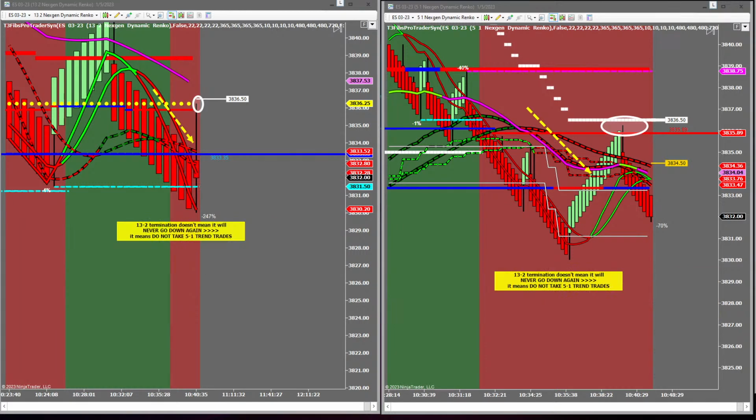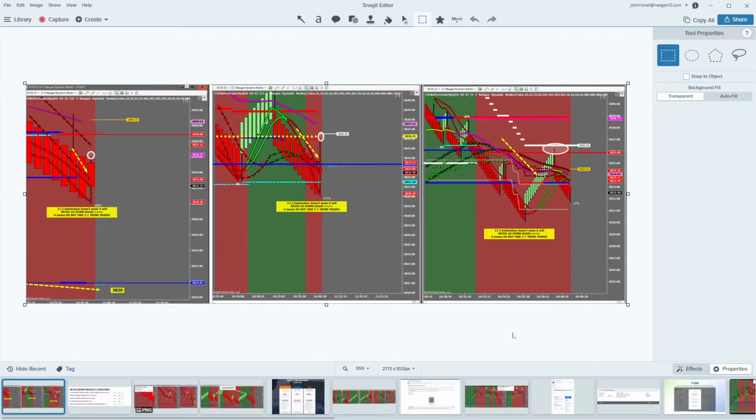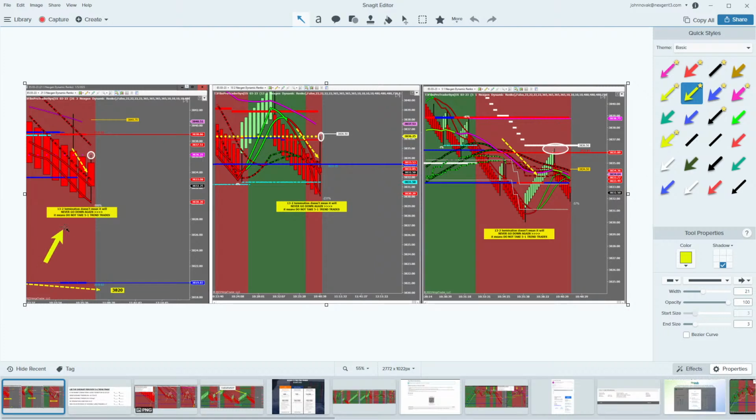And again, this is where the work of putting together 3 charts takes a little bit more effort. Right? So look, we have the 21.3 chart smoking to the downside. We have 1-to-1s in mid band, or 1-to-1s in fibs on our 13-2 chart.